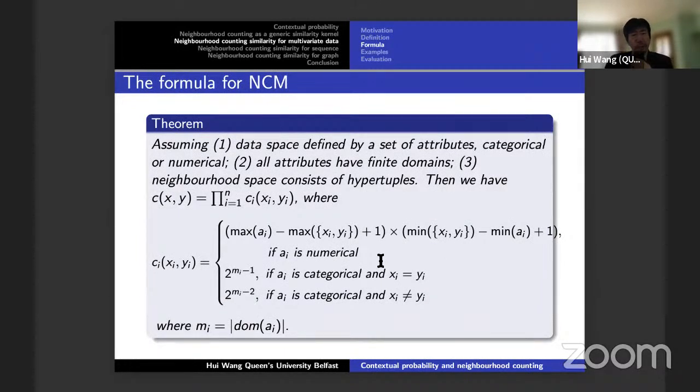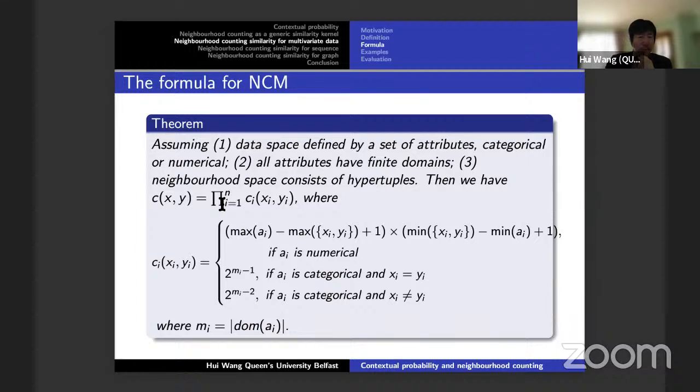Then how do we calculate this neighborhood counting metric? There is a theorem about this one, and it turns out this one can be calculated through a simple formula. This one looks complicated because I wanted to be able to handle different types of attributes, numerical or categorical. For any data points x and y, the NCM can be calculated in this way.